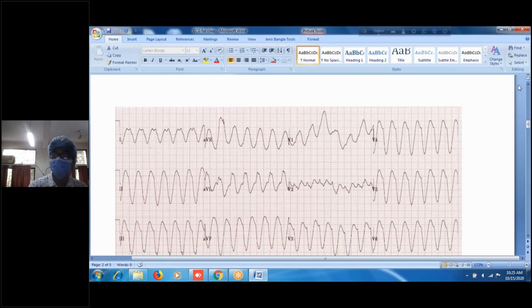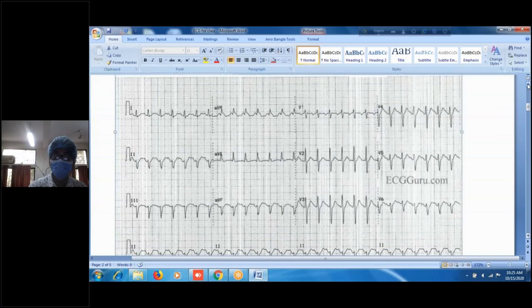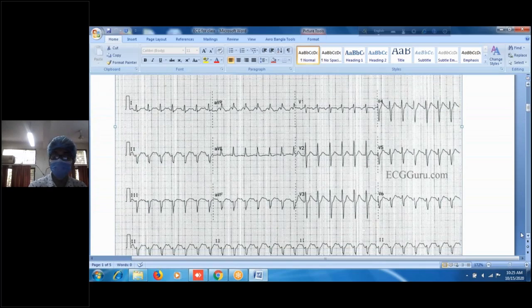Whereas the atrium or tissues above the ventricle generate narrow QRS complexes like that. So in narrow complex tachycardia, you will get the supraventricular. If there is wide complex tachycardia, you will get the ventricular tachycardia.